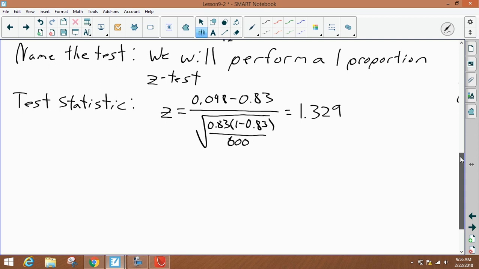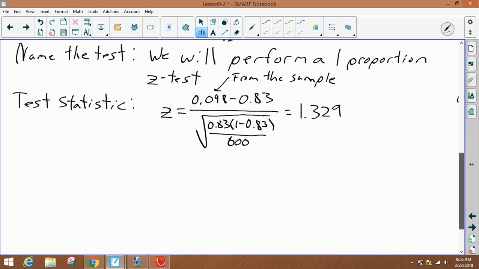So this number is always going to be from the sample.